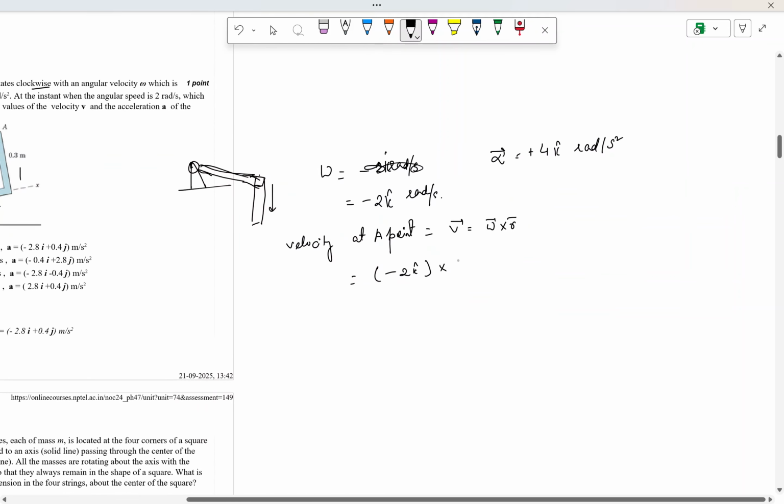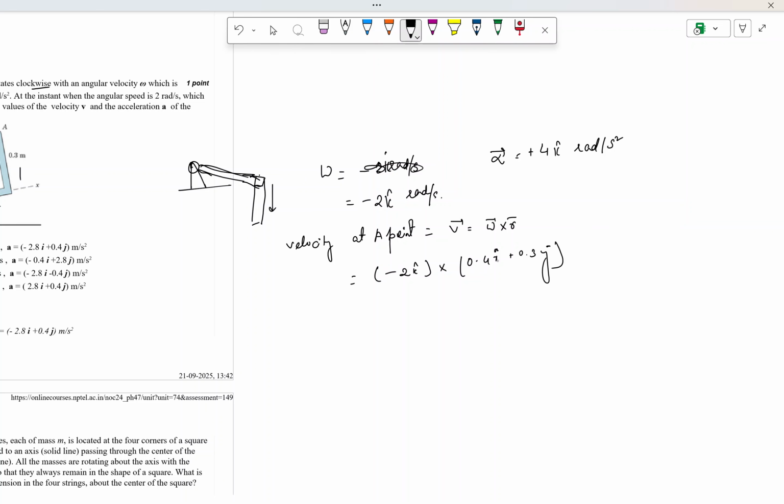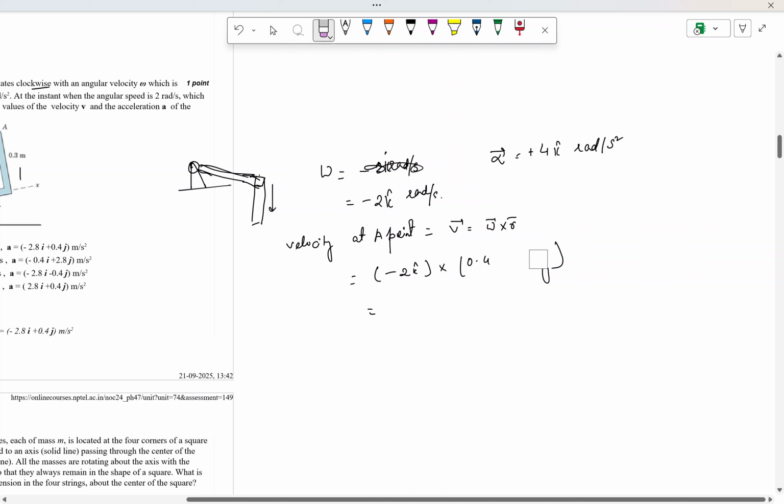So instead of taking x cap and y cap, let us choose i cap and j cap to make this consistent.